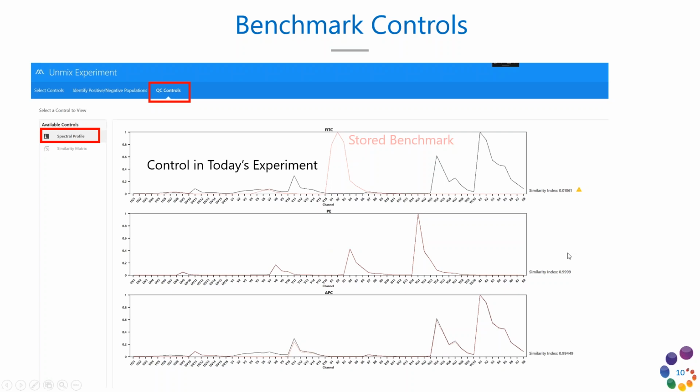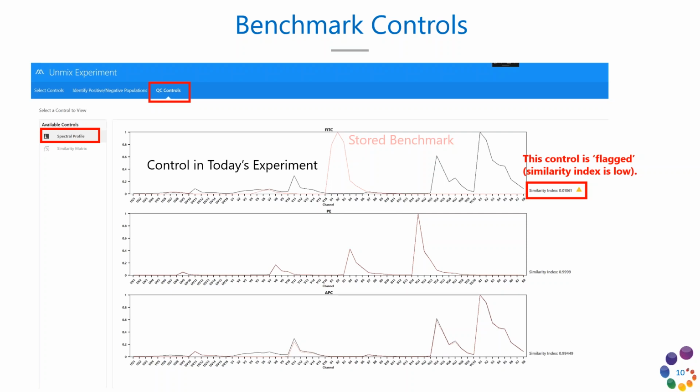The software then automatically compares that control to the stored benchmark, and if it doesn't match well, like this FITC control here, it will flag it based on this similarity index that we've created. Now the similarity index will range anywhere from 0 to 1. If it's close to 1, that means there's a really good match between the control you ran today and the stored benchmark in the system.